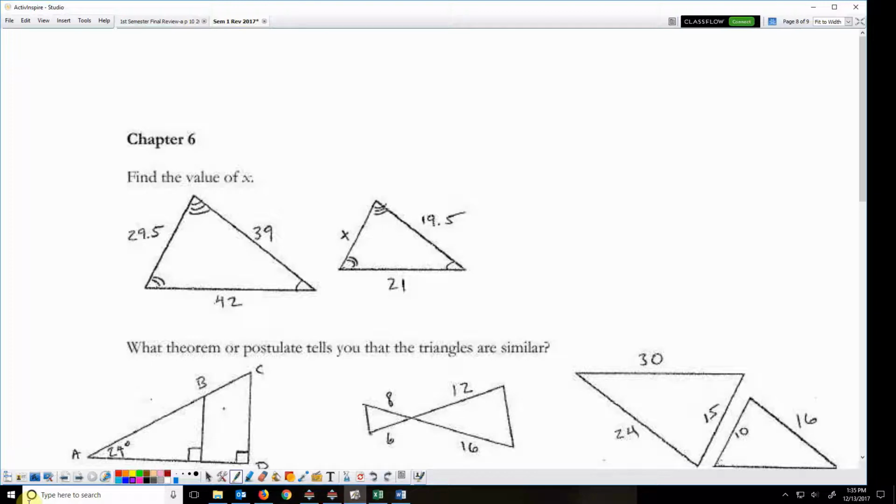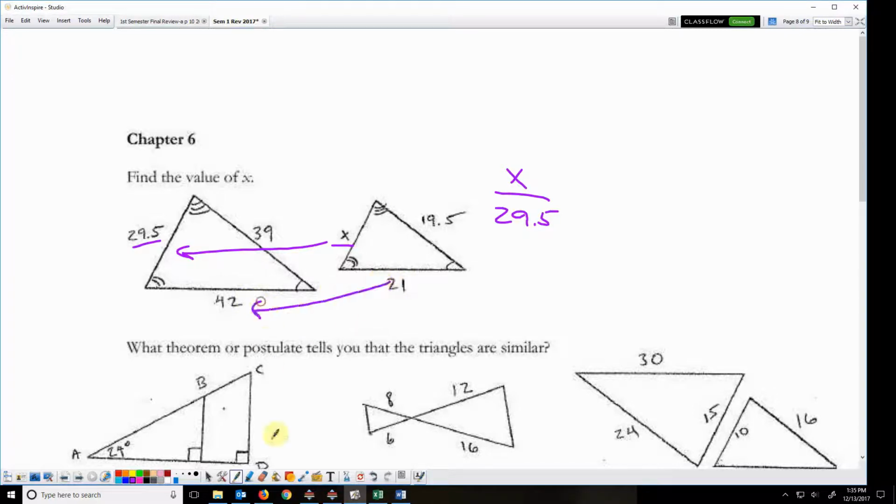Okay, on to chapter 6. Find the value of x. So we're going to write a proportion. X is going to match up with 29.5. Since I went this direction, I have to go that same direction again. And I can either use 19.5 and 39, or I can use 21 and 42.